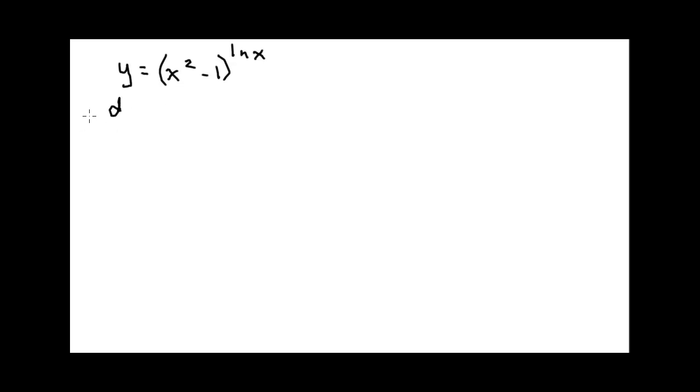So how do I get rid of the variable from the exponent? Same deal. Ln both sides. And now the variable can come down.